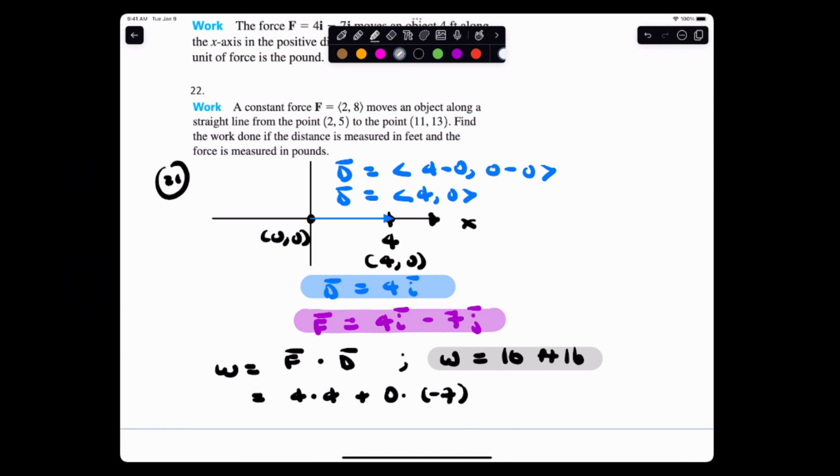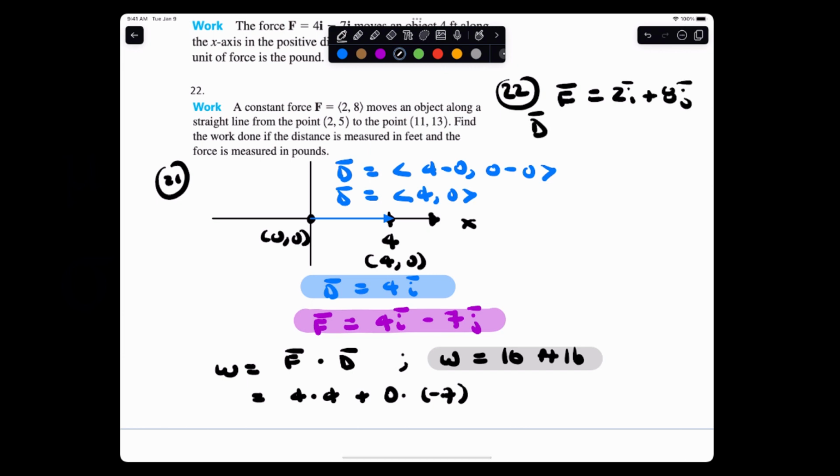Okay, you guys okay with number 21? See how it moves that object? You get the distance factor. What do you guys notice about 22? 22 is done the same way. Is that right? So in 22, the force vector is 2i plus 8j.